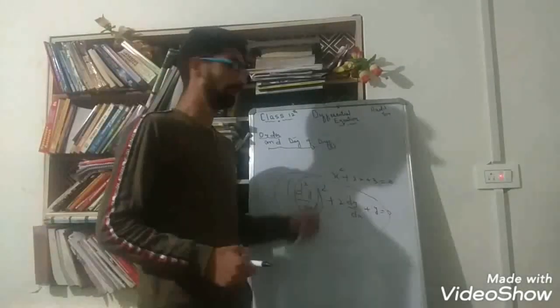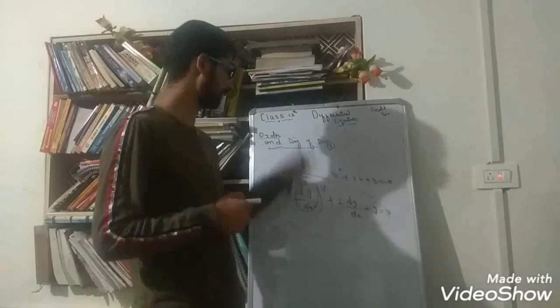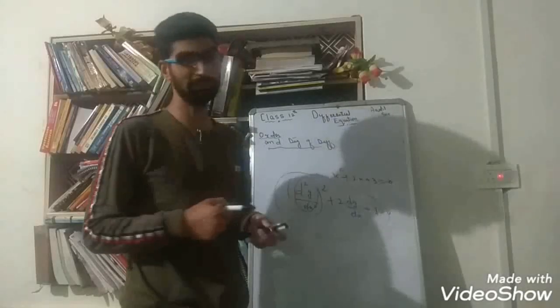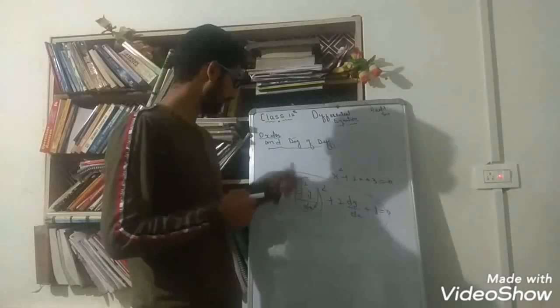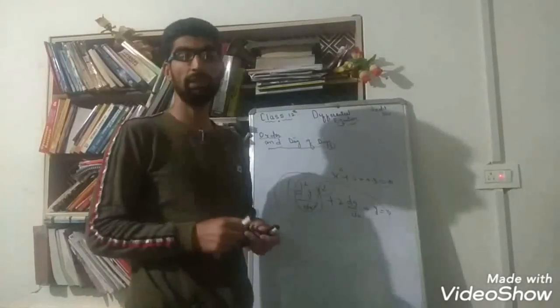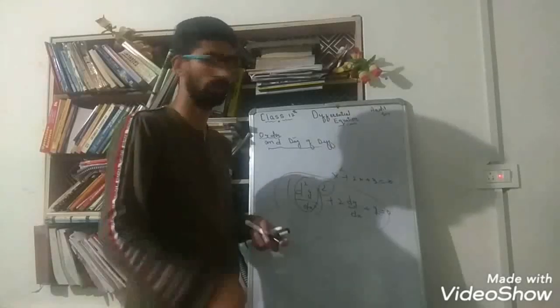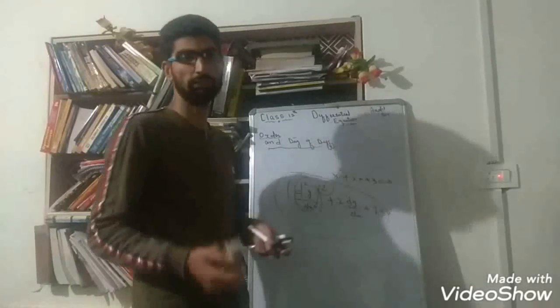So in order to find the degree, the differential equation must be polynomial, and these powers should not be radical, that means they should not be root or something else.